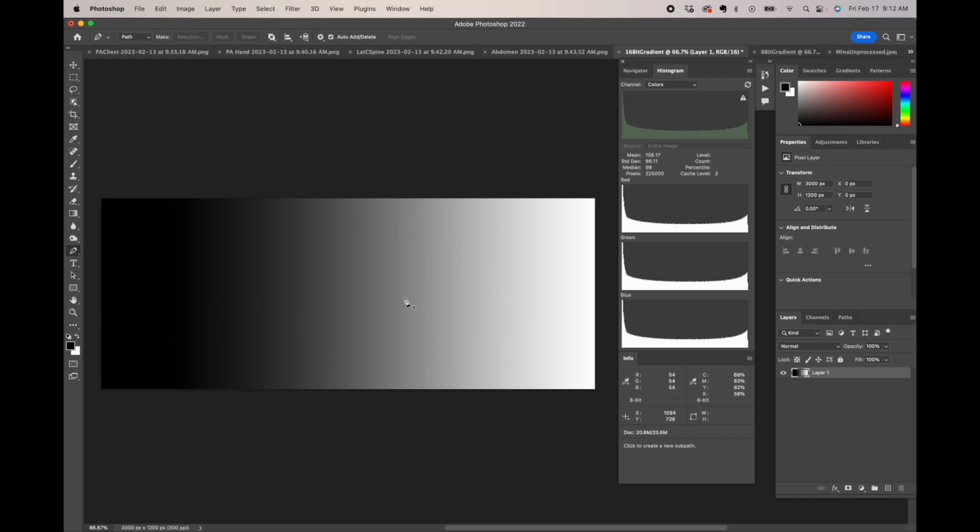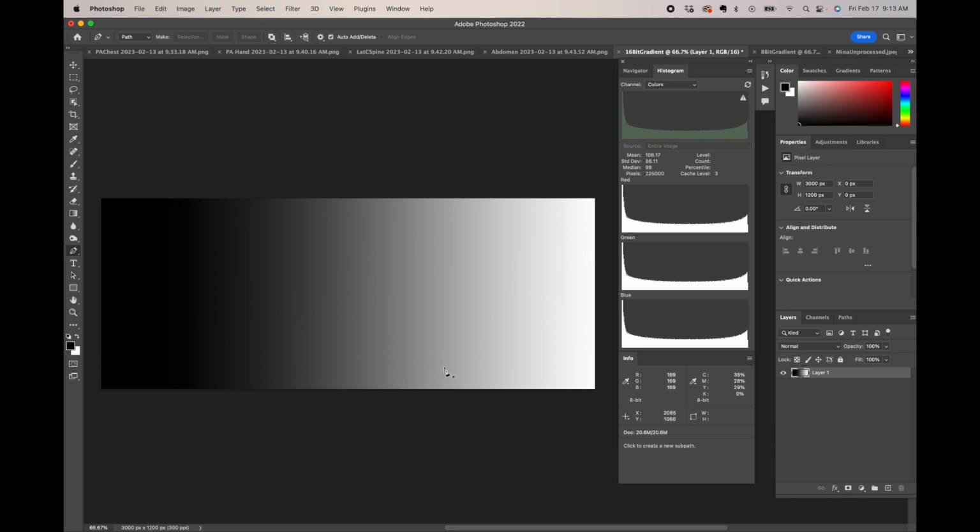Again, I did this in 16-bit, so even though it's only reading 255 over here and 0 over here, because it's in 16-bit, there's actually 16,500-something different tonalities or shades of gray from stark black to stark white in this file.